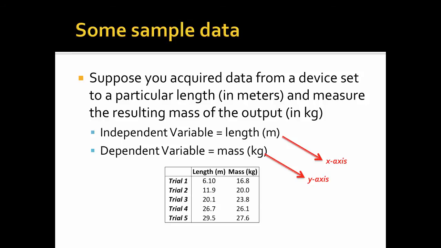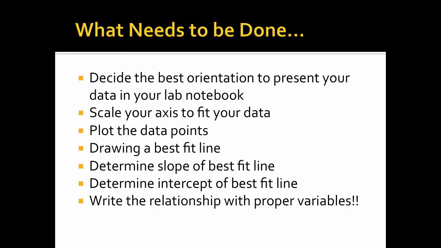Here's the data that we got from doing the experiment over and over. 5 trials, as a matter of fact. We'll keep track of this the entire time, and we'll use this particular data. All right, so here's what we need to do. We need to define how we're going to present our graph in the lab notebook. We're going to see how it's oriented. We're going to learn how to scale our axes so that our data fits on there properly.